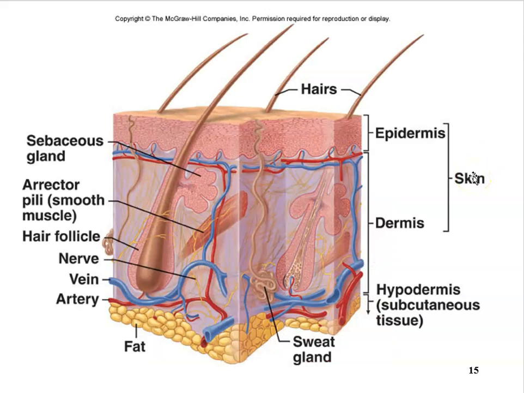So here is the diagram from the book that shows epidermis versus dermis. We can get a feel for the thickness of each. We can also see how the epidermis is composed of just one type of tissue versus a lot of structures found in the dermis.